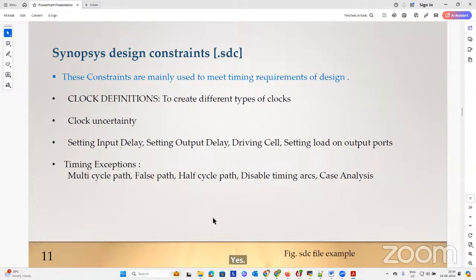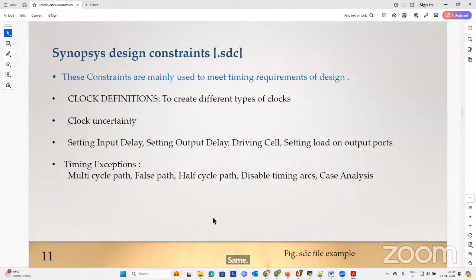Standard design constraints are of two types. One is user defined design constraints, and the next is design related constraints. These constraints are mainly used to meet the timing requirements of the design, like clock definition, clock uncertainty, setting input delay, setting output delay, driving cell, setting load on output ports.